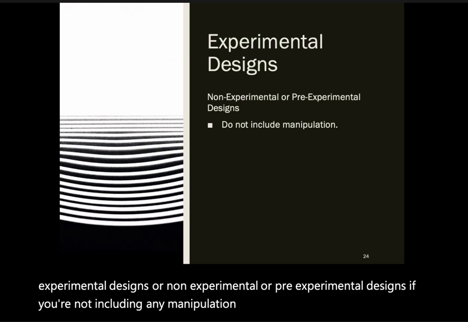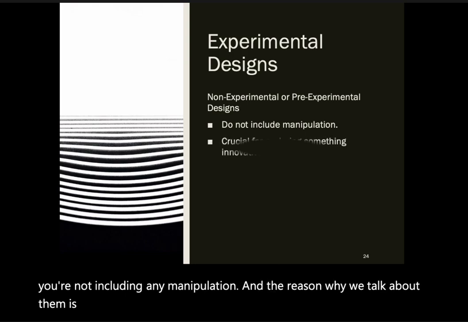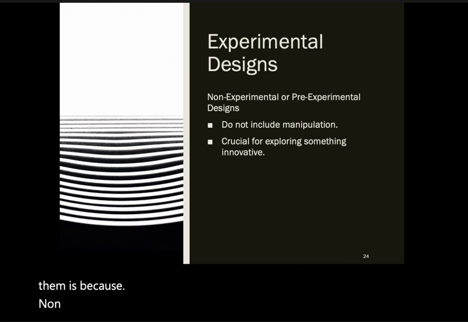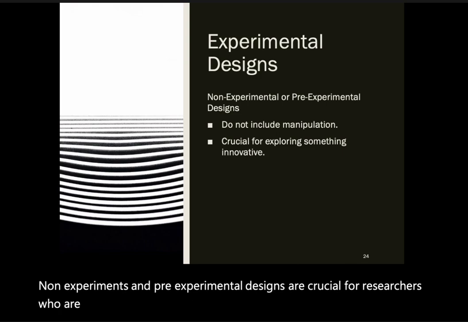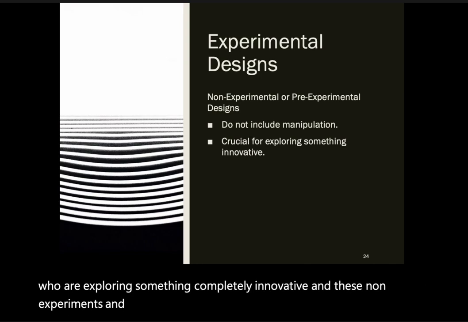The reason why we talk about them is because non-experiments and pre-experimental designs are crucial for researchers who are exploring something completely innovative. And these non-experiments and pre-experiments will then move into conducting classical experiments later.